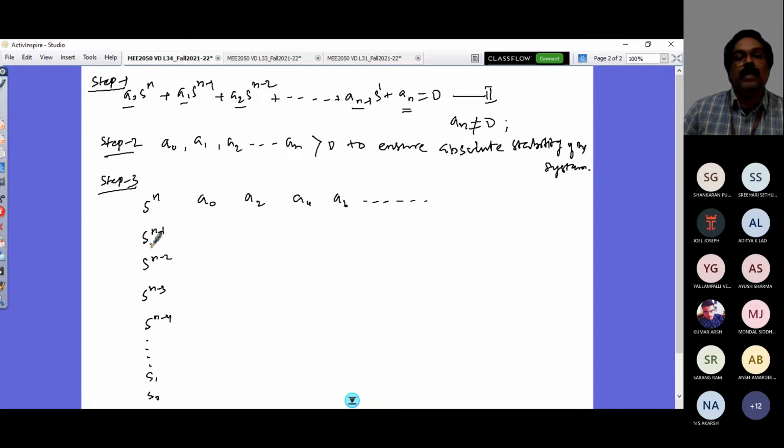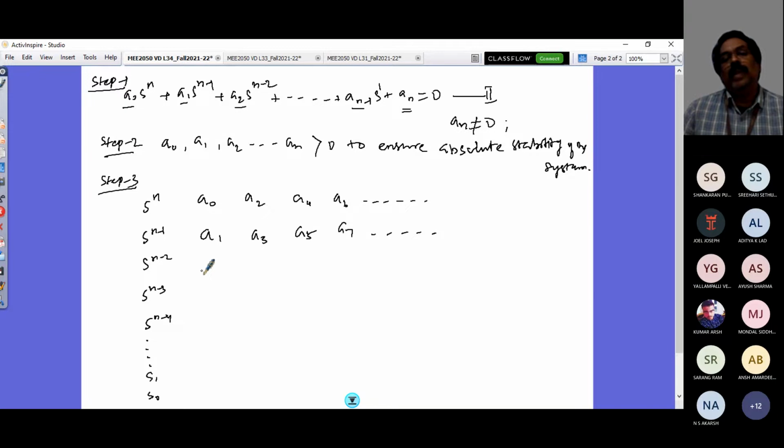And in my second row, that is the s^(n-1) row, I should put all the odd ones: a1, a3, a5, a7, and so on. Once we arrange these, the third row would now be B1, B2, and so on. So how do I get B1?